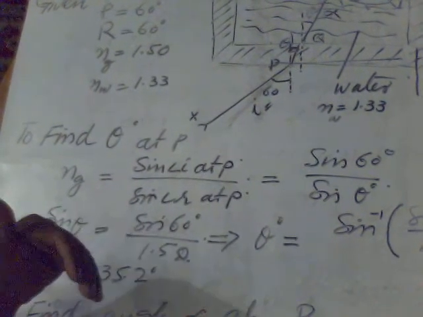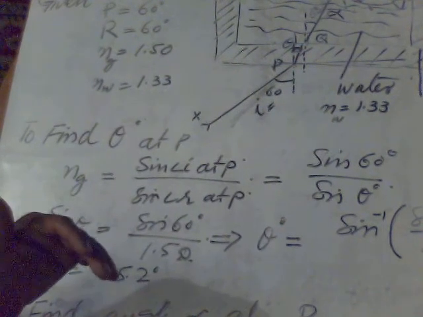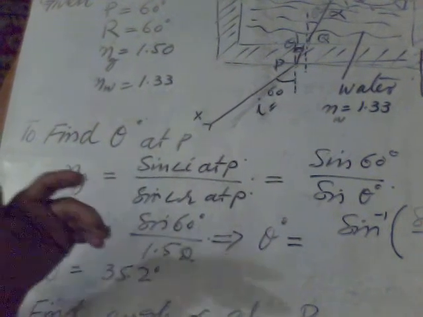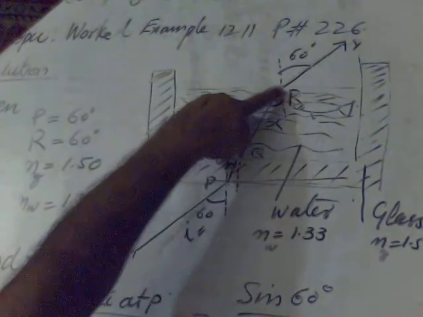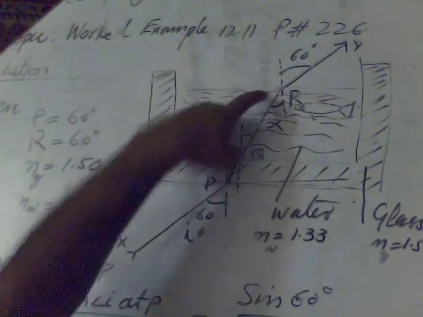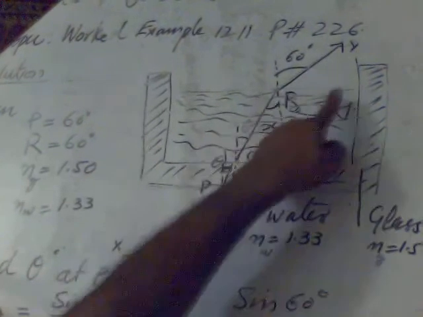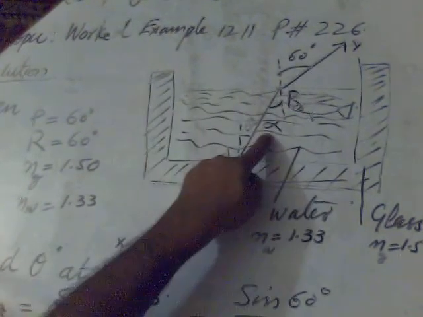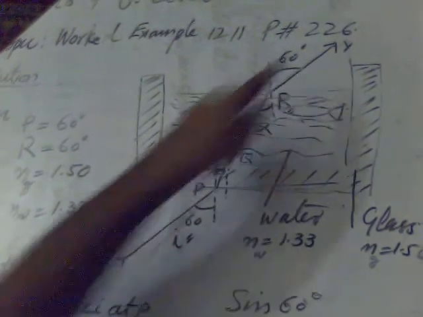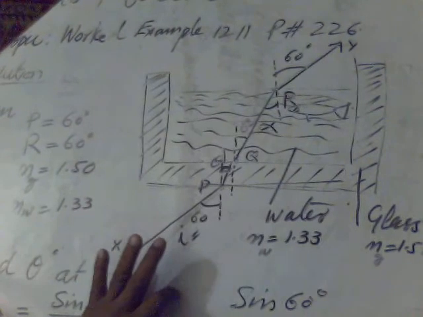But now the case is vice versa: at point R, the light rays hit the boundary of the water from the denser medium and refract into the rarer medium.